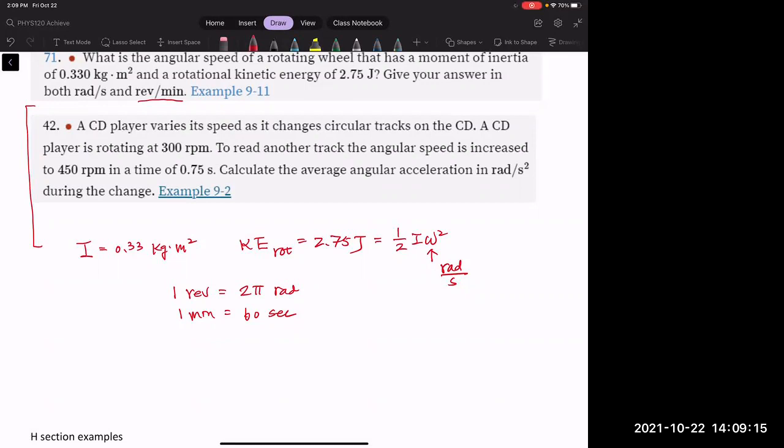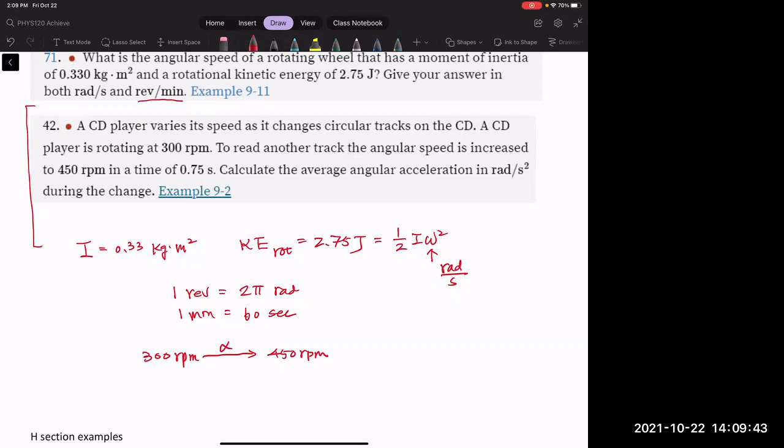So how do we find the solution for this case? You change from 300 RPM to 450 RPM. That means you have an acceleration.